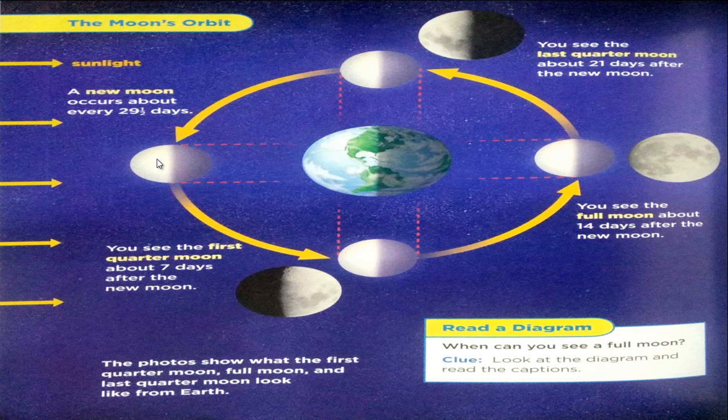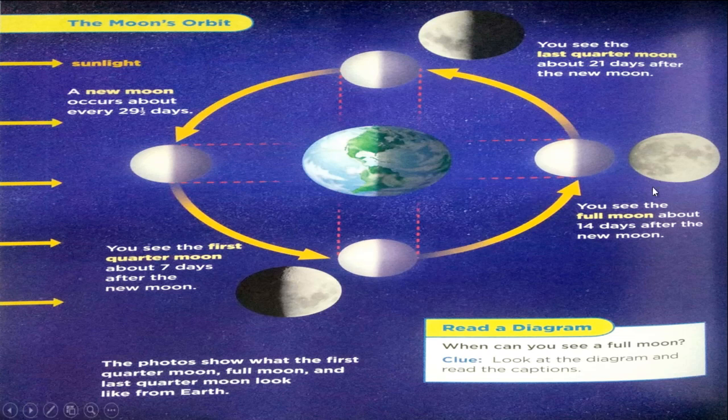As the moon continues to revolve, we see more and more of the lit side of it. After 7 days, we can see half of the lit part, which is the first quarter moon.